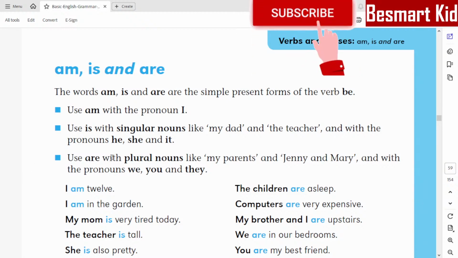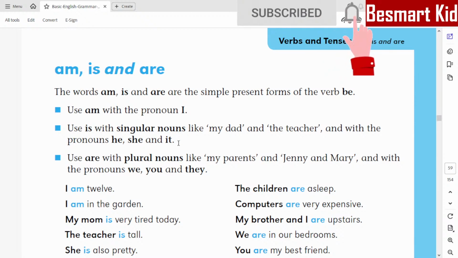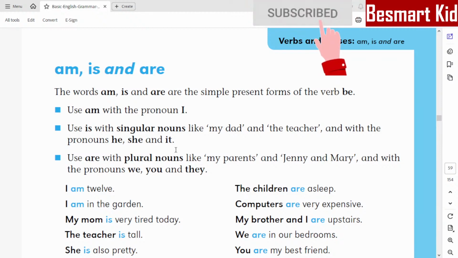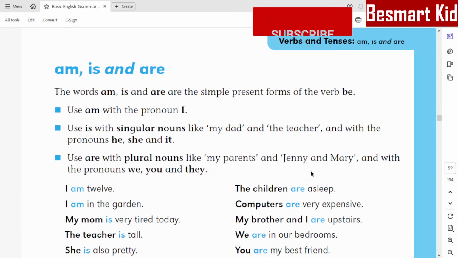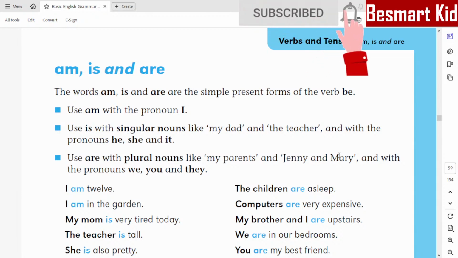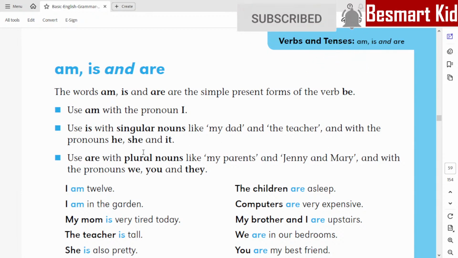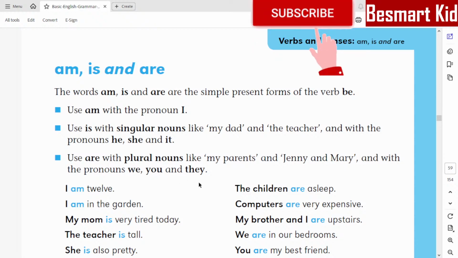Use are with plural nouns like my parents and Jenny and Mary, and with the pronouns we, you, and they.